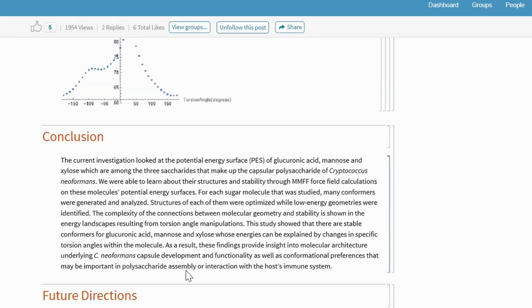Higher level quantum mechanical calculations could also serve as benchmarks for method validation, and you could look at the electronic effects influencing conformational preferences. Over here, we're just looking at the conformers and how they affect your energy levels, but we're not looking at why exactly that happens. That would be a potential idea for a future direction.